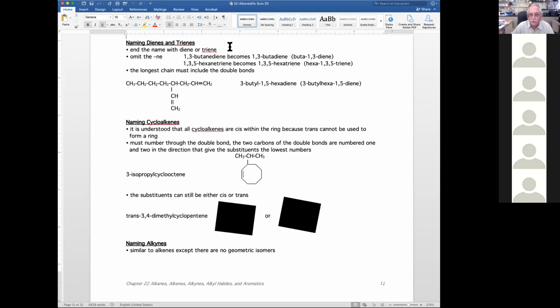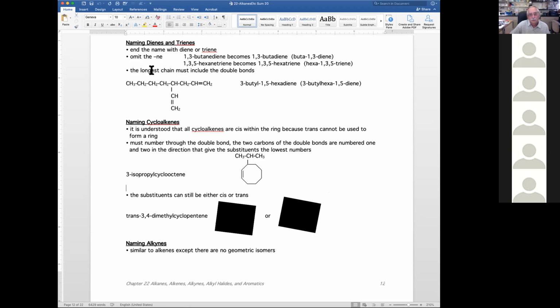Is it something you're going to go to jail for? No. As long as you write a name that adequately describes the molecule, that's what I'm looking for. Okay? I'm not looking for the grammar. If you say just ene, then that's a problem because you left out something that's important for the molecule.